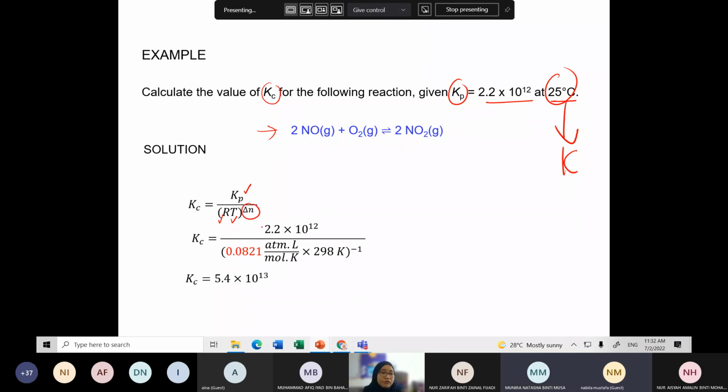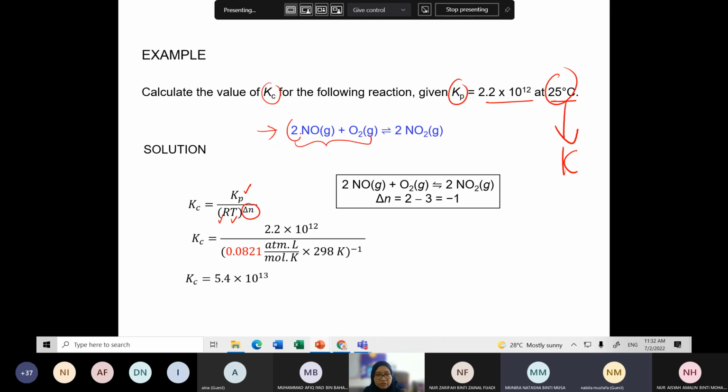Now, how do you calculate delta N? You have to consider gas only. Aqueous is not included. So for the reactants you total up 2 plus 1, making sure it is gas only. So 2 plus 1 will be 3, and then the product we have 2. Delta N is equal to N of product minus N of reactant.